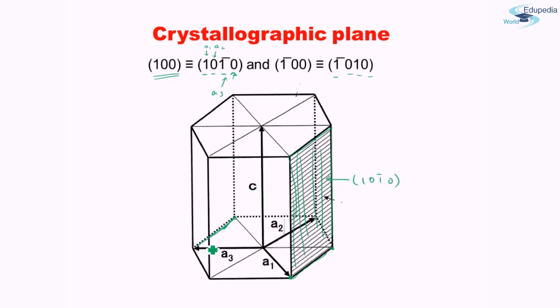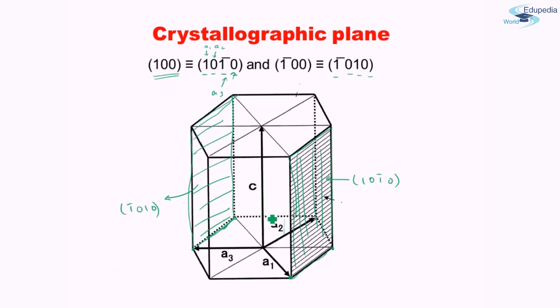A3 automatically intersects here, so A3 is 1, and the C axis again 0, that means the C axis will be cut at infinity, so parallel to this axis. Thereby the plane which we are looking for is this plane back here, this face of the hexagonal system. This face is bar 1 0 1 0. Fine.